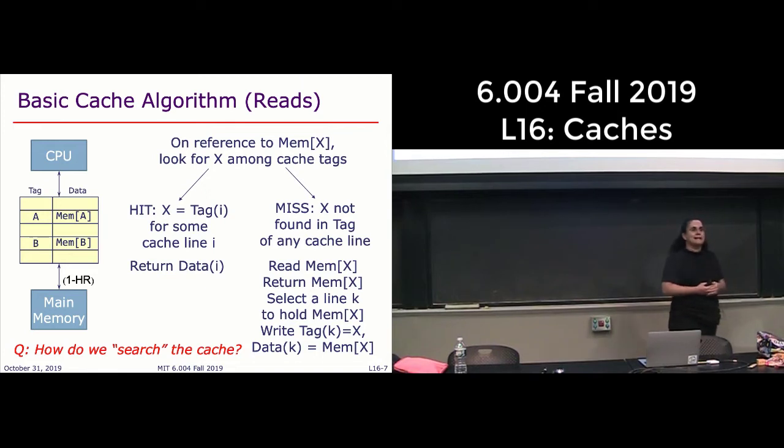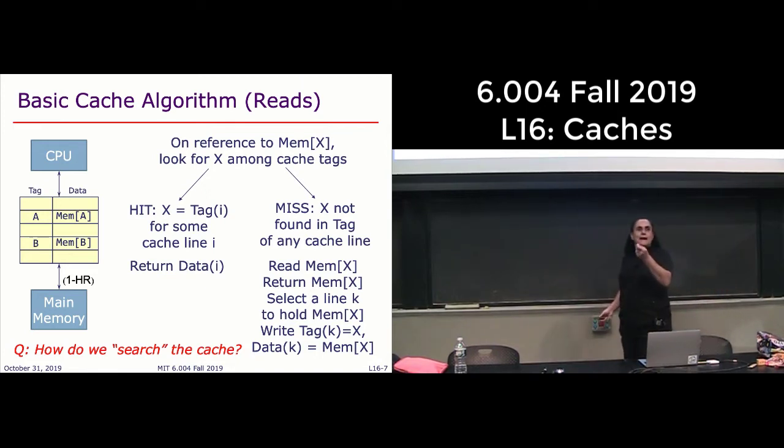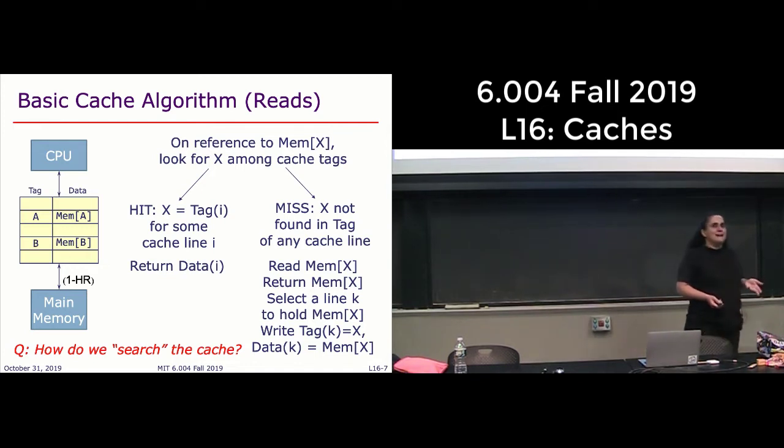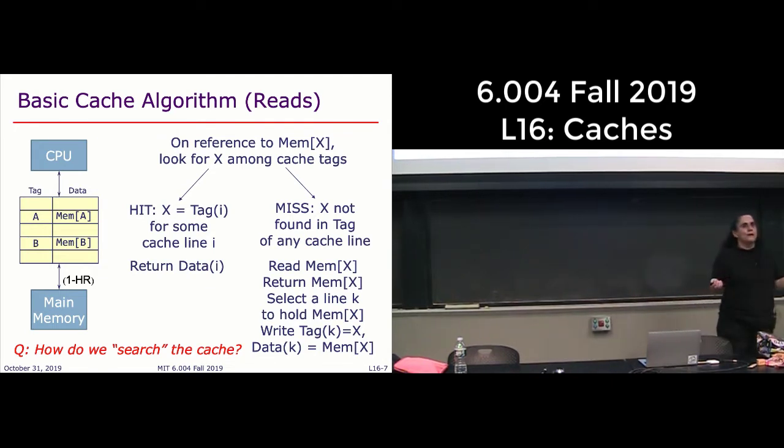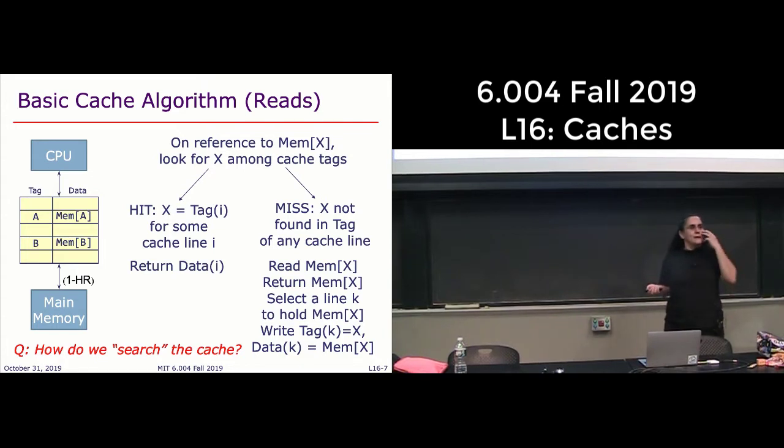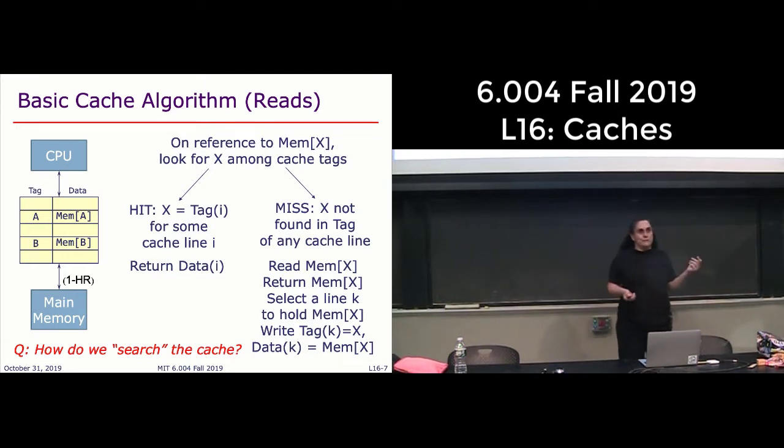And so that means I can only look at one value at a time in my SRAM. So when I'm trying to see if my address X is present in any of the cache locations, I can't check all of them at the same time, right? So you can imagine that if I first have to check the first row, and then the second row, and so on, even though this cache is pretty small, that's going to take a not insignificant amount of time. And so that's not really good enough for us.